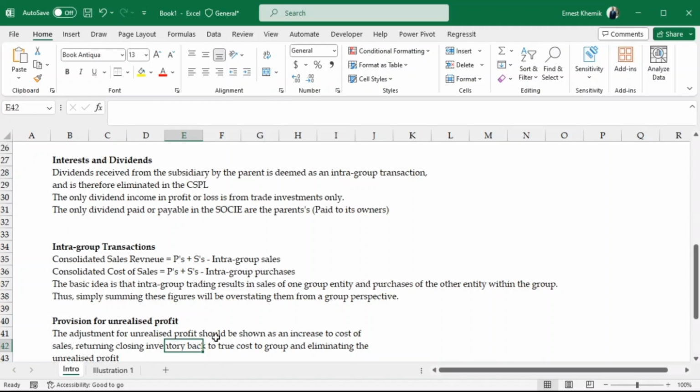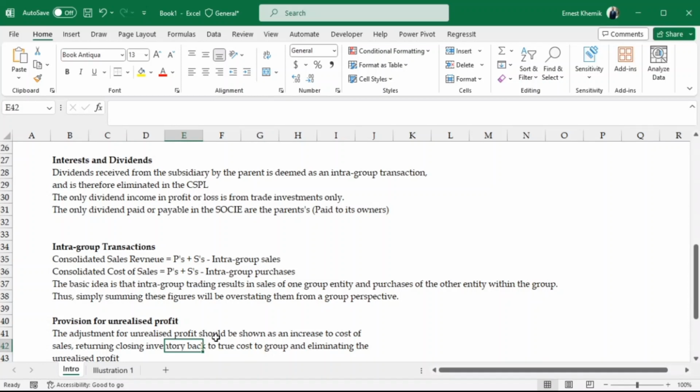So what we are saying is that if the subsidiary pays the parent because the parent is an investor in the subsidiary, that dividend will be eliminated on consolidation, because when we are consolidating, the two entities become one. So you cannot make profit trading within yourself. That is the basis for this argument.